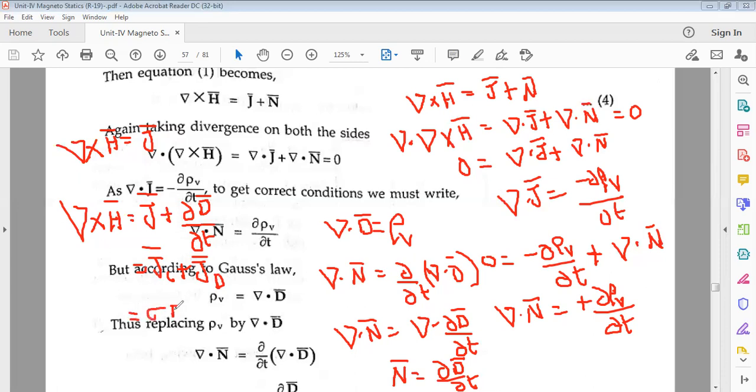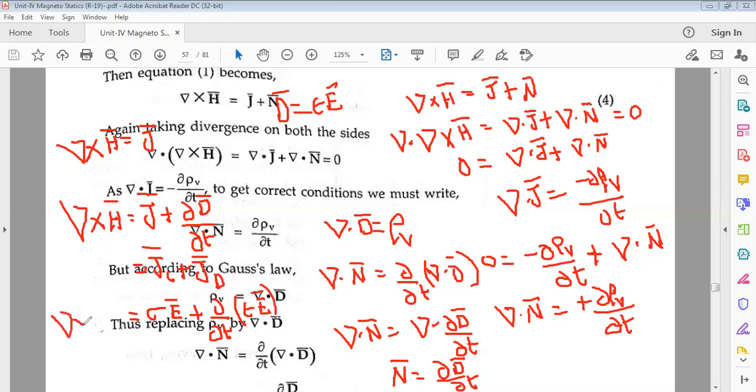You know, this is one of the formulas relating current density and electric field intensity: sigma into E bar plus dou D bar by dou T. What is D bar in terms of E bar? D bar is equal to epsilon into E bar.